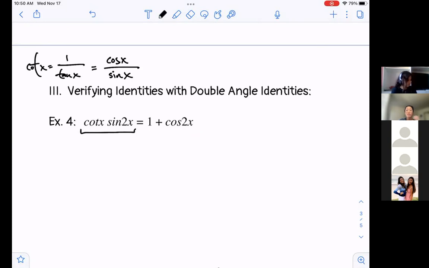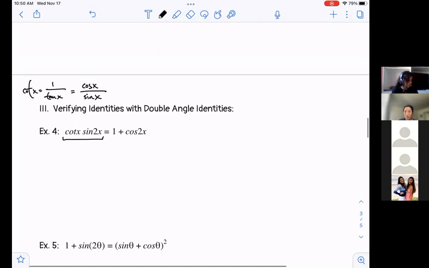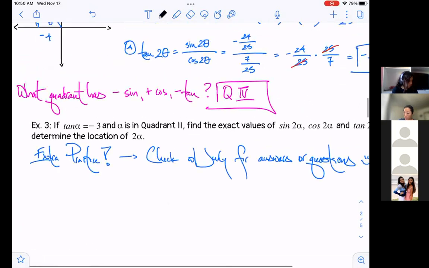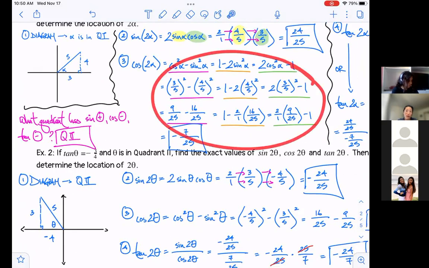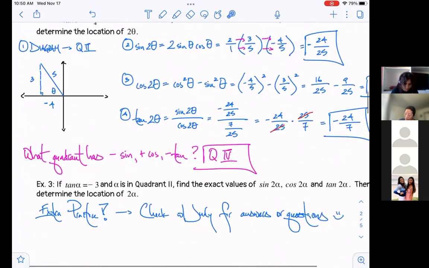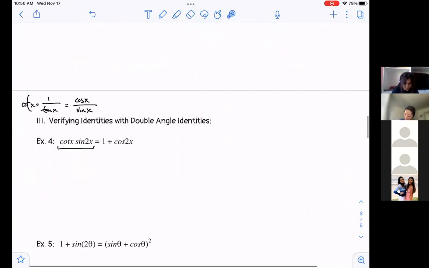Okay, so let's pause here for a moment, because I feel like we did really well with the decision making in the previous section. When we were choosing either the pink way, the orange way, or the green way, we knew we could do all of them, but some of them got us to the answer a little bit faster. If we think about identities, we actually make a lot of these same decisions along the way.